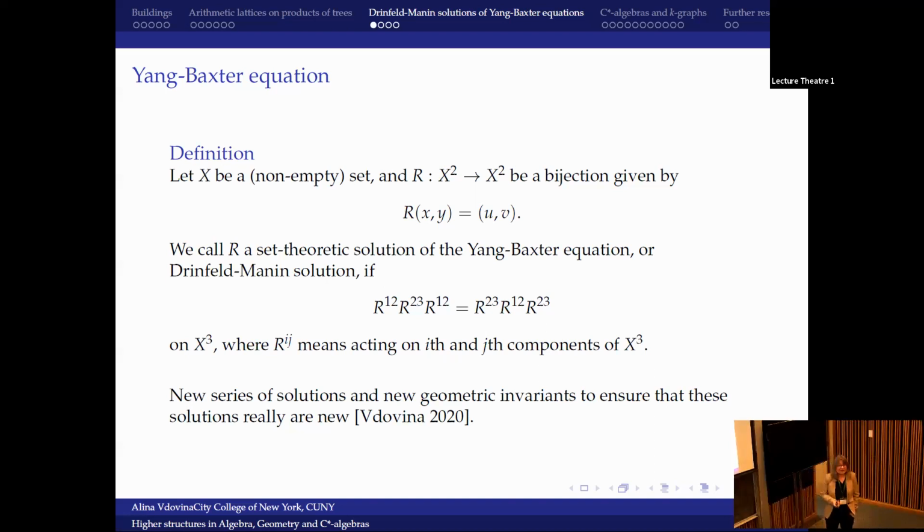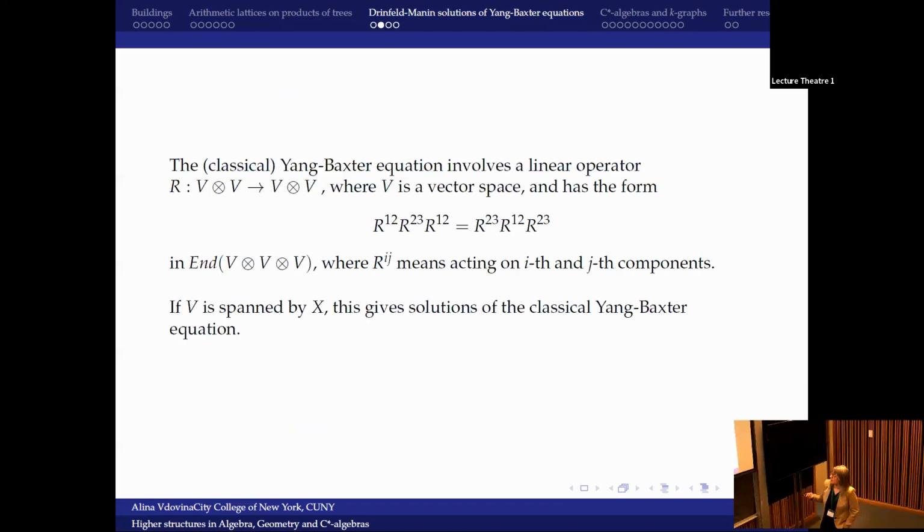Yesterday Fabian defined the so-called structure group, but the group which you will get, the fundamental group of the complex behind it, is an even better invariant because you can distinguish them better in a way. So now let's say how we get the solutions.